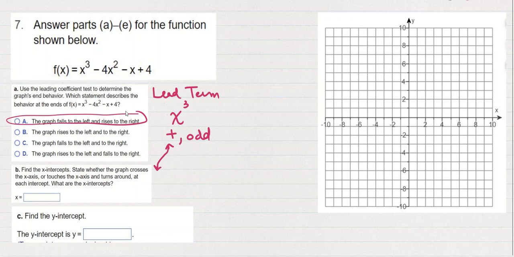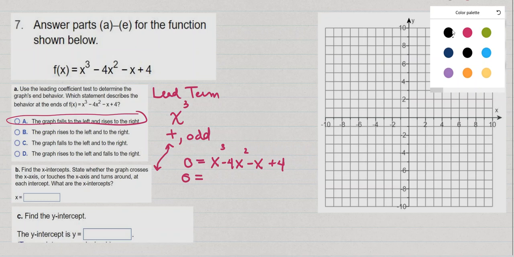Next, I could find the x-intercept. The x-intercept is when we let y equal 0. So if this equation equals 0, let me work that out. If we have 0 equals x cubed minus 4x squared minus x plus 4, do you see that what I could do is factor this to solve it?